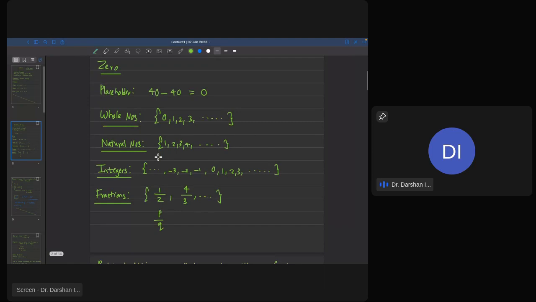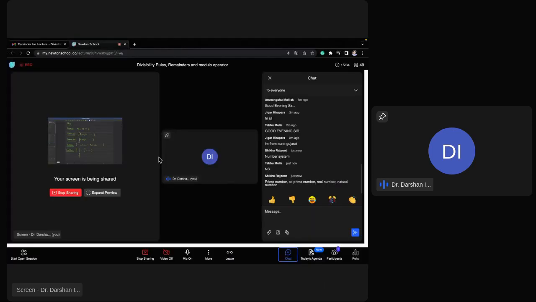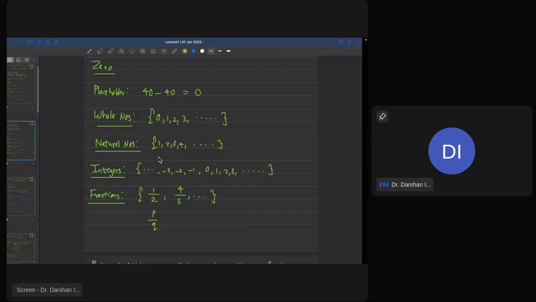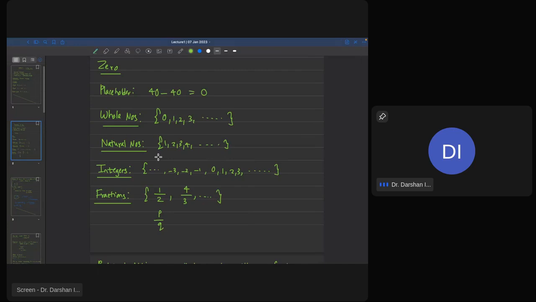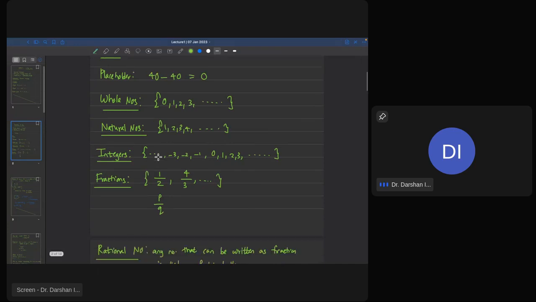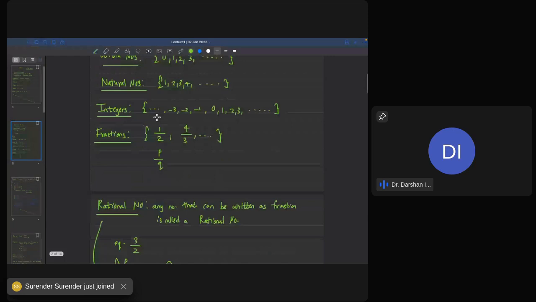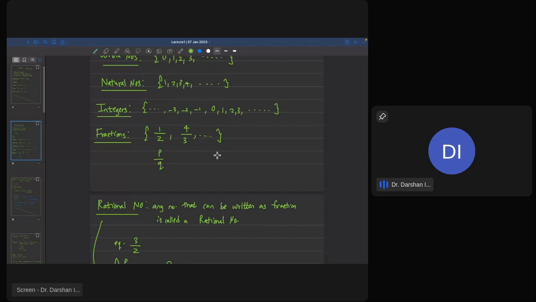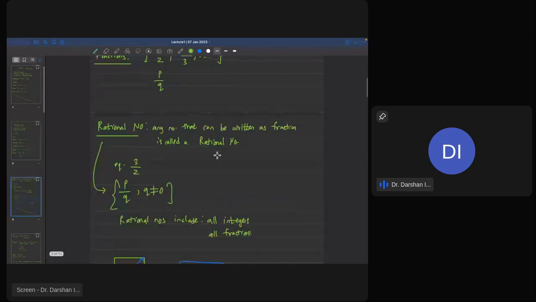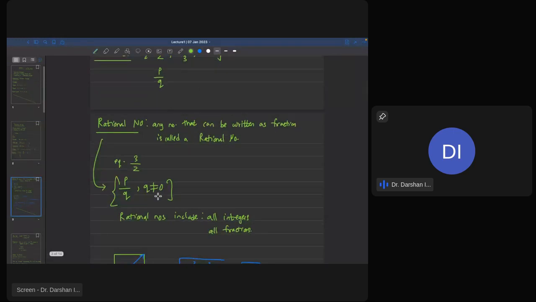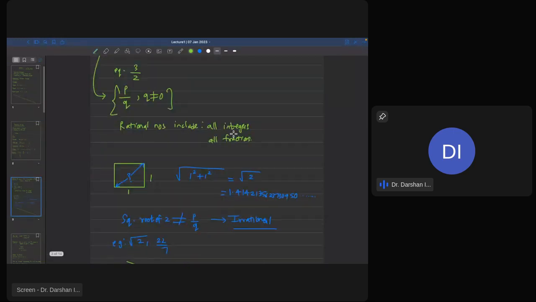Natural numbers start from 1, 2, 3, 4. Integers are 0, and on the negative side -1, -2, and on the positive side 1, 2, 3, and so on. A fraction is anything which can be expressed in the form p upon q. A rational number is p upon q, q not equal to 0. Rational numbers include integers and fractions.